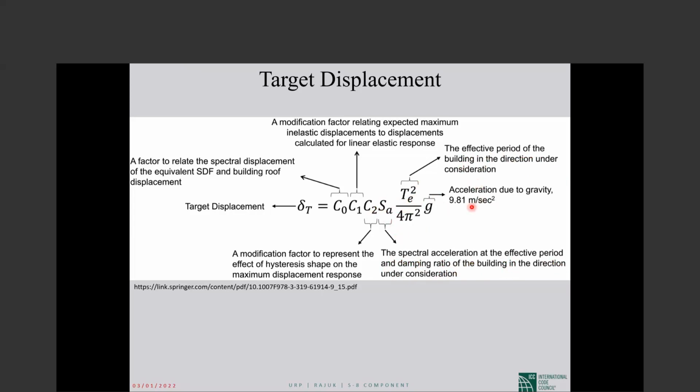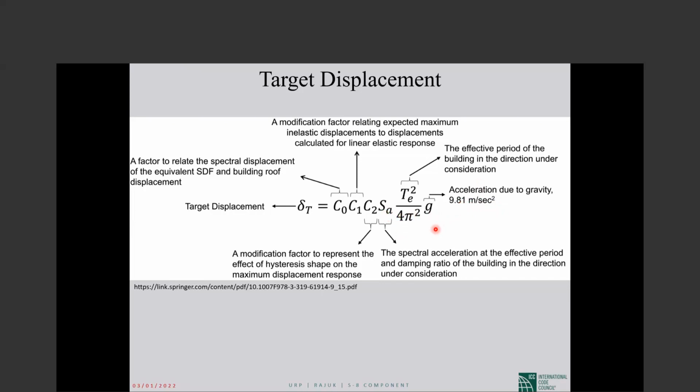The others are just unit changes due to gravity, so we change the unit of Sa from g to meters per square second. So it seems we can use this formula. It shouldn't be that difficult.